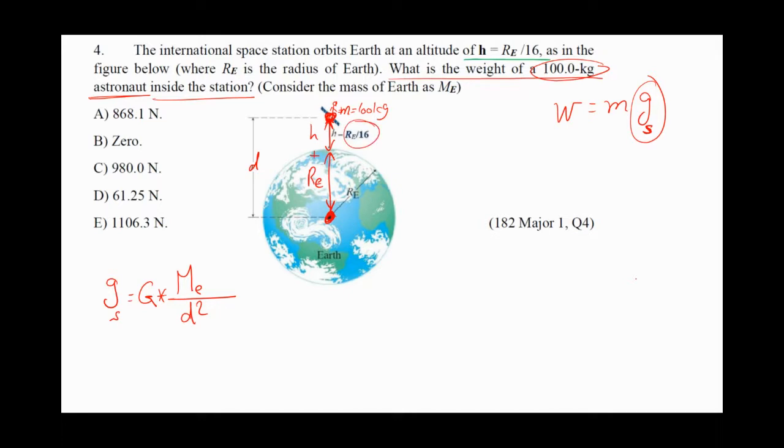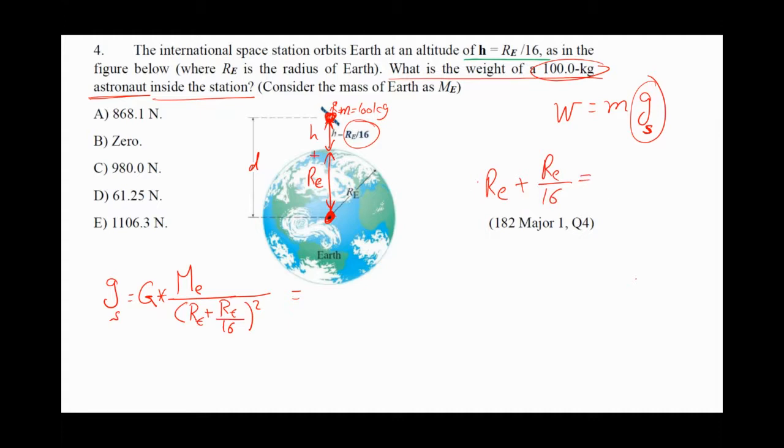So I will remove this D and write it down as RE plus RE over 16, total squared.